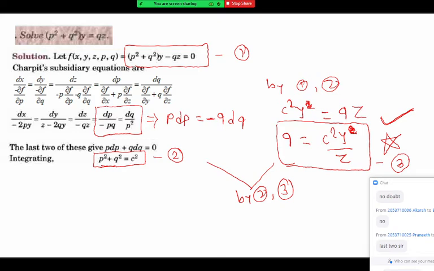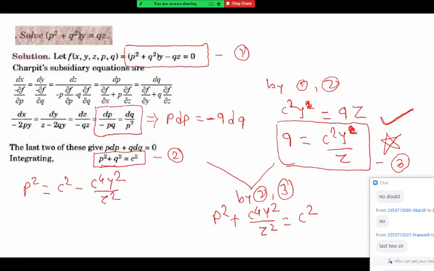If we use the value of q here, we get p square plus c4 y square upon z square is equal to c square. So what becomes p square? P square will become c square minus c4 y square upon z square.